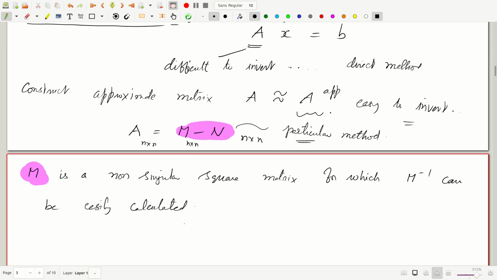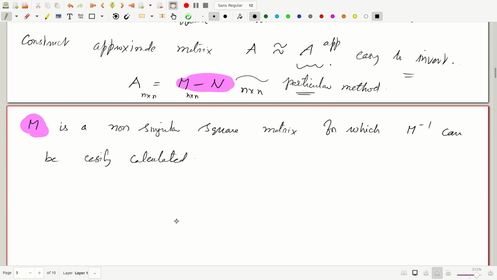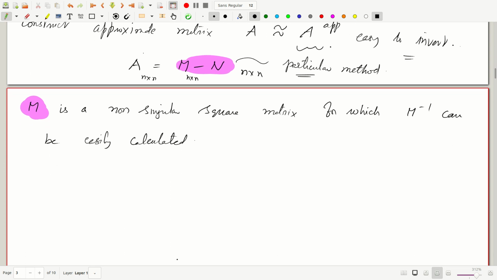Then, if I write the initial guess as x star, where x star is a guess vector that we started off with, and x exact is the final solution vector that we wish to obtain within the accuracy of the machine precision, then we can write A x star.